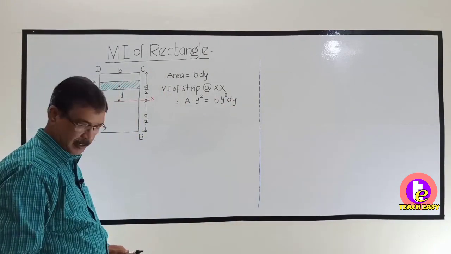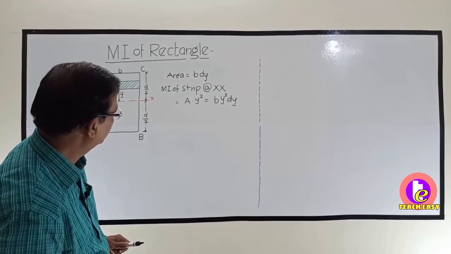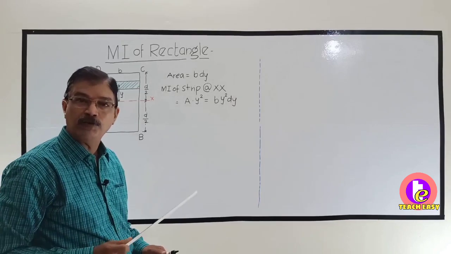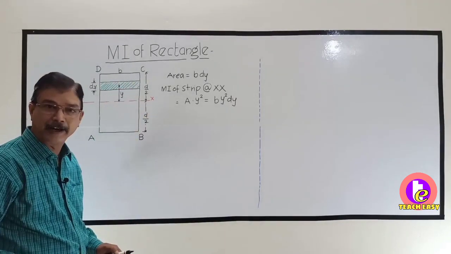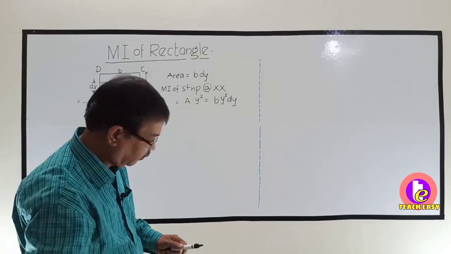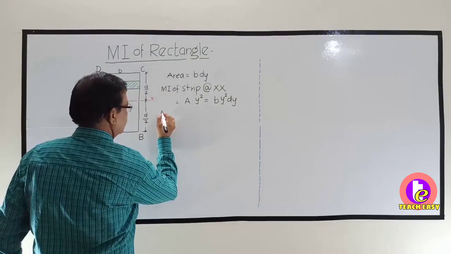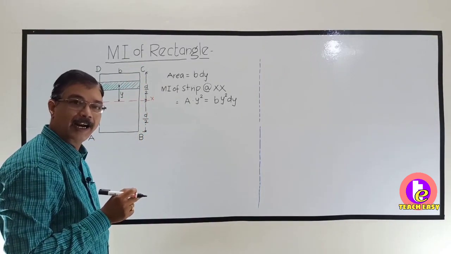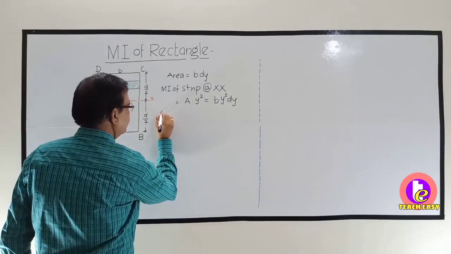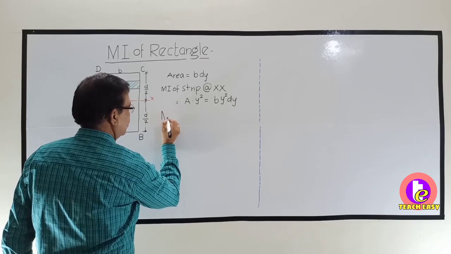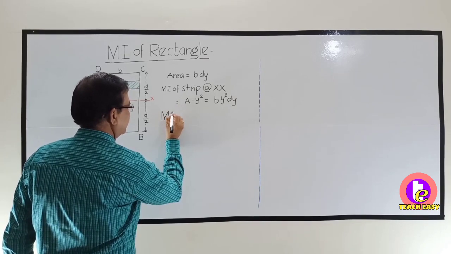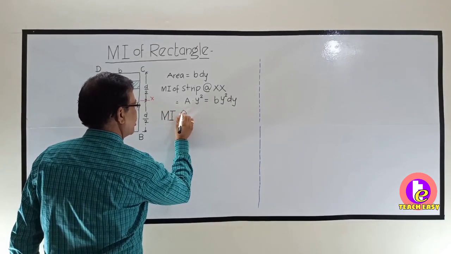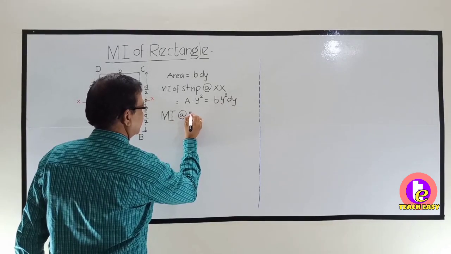Now mind well, this is the moment of inertia of this strip about the x-axis. Now we want to find out the moment of inertia of the complete rectangle. Therefore, we will have to integrate it for the whole section, and that will be the moment of inertia of the complete rectangle about the x-axis.